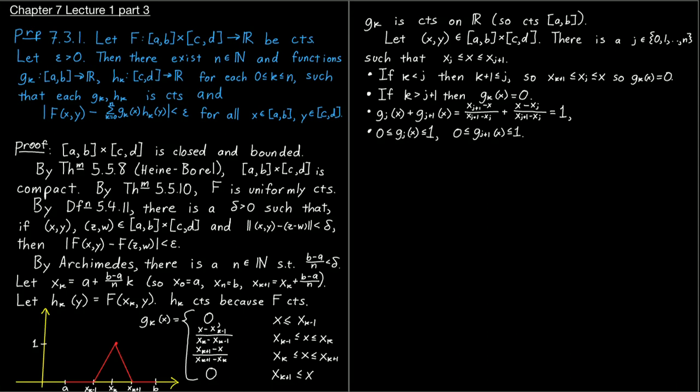So let's write down the thing that we're trying to show is less than epsilon. So f of (x,y) minus this sum, that's f of (x,y), and then we only get two terms left.